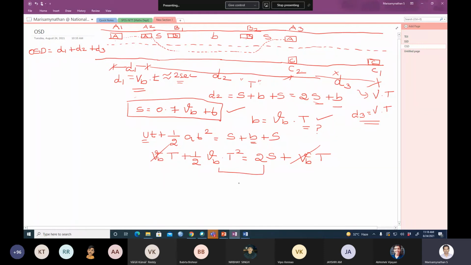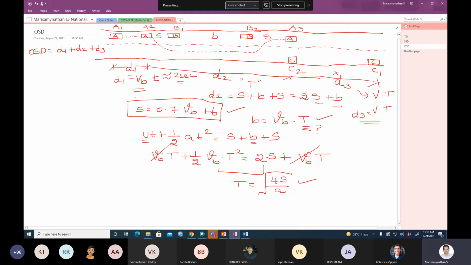When you simplify this equation, you get the T value as the square root of 4S divided by A. So this is the equation for the T value.